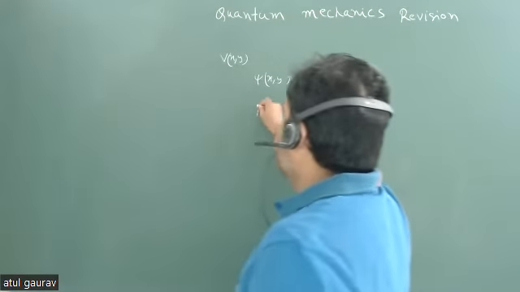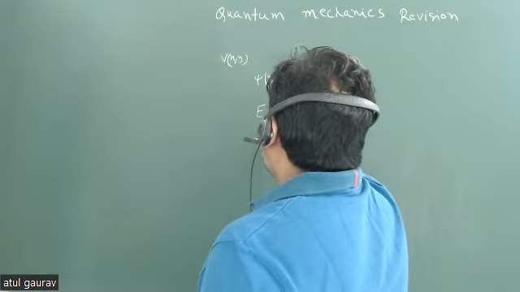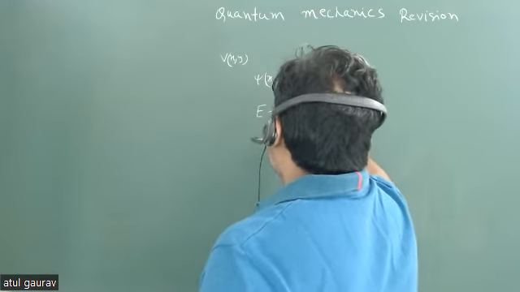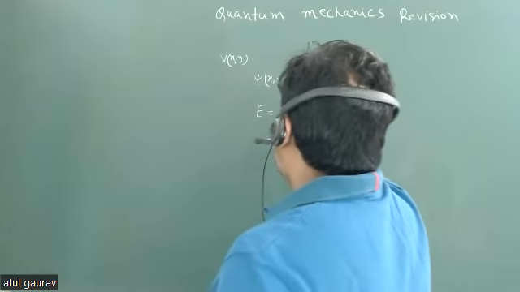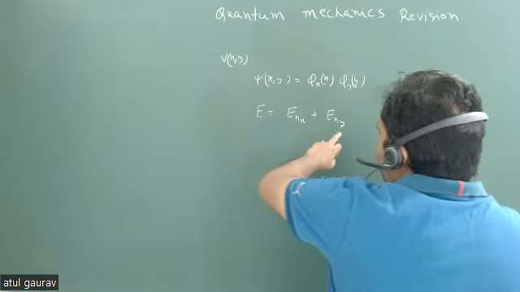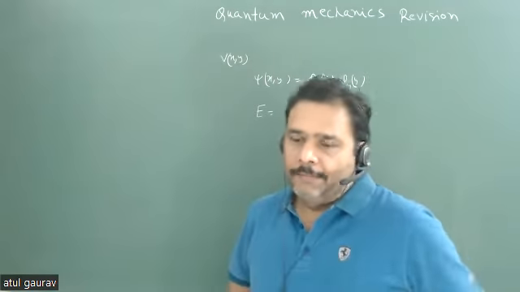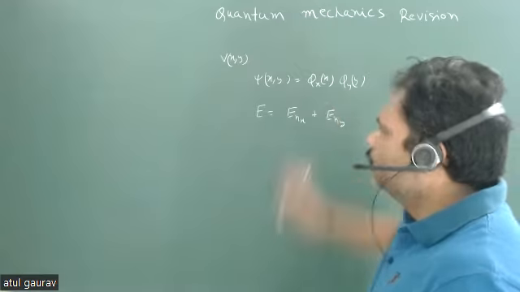The total energy is nothing but the sum associated with each and every degree of freedom, where nx is the quantum number associated with the x degree of freedom, and ny is the quantum number associated with the y degree of freedom. So this is the whole story.